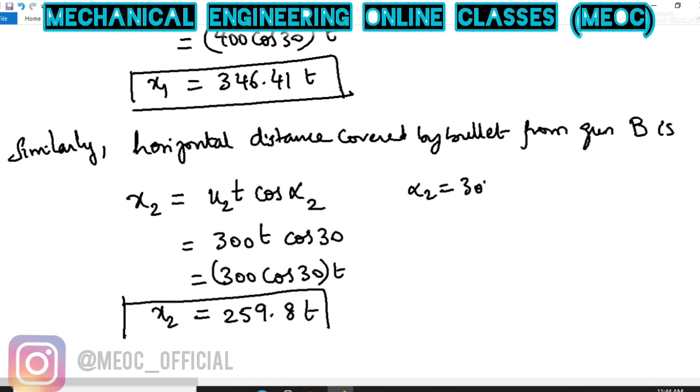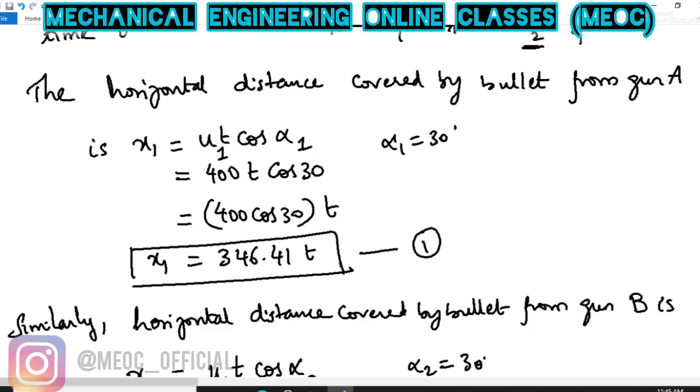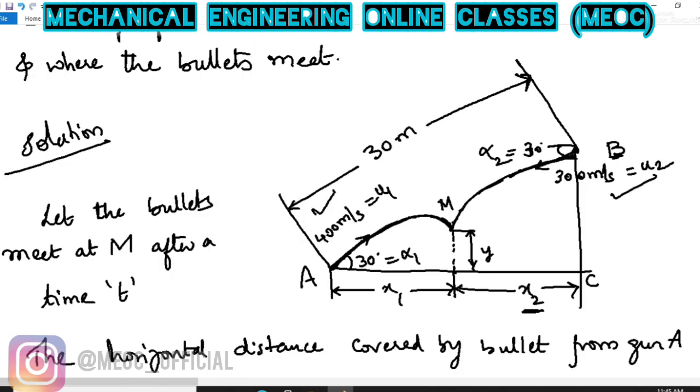So we have obtained x2 and x1 in terms of t. Now we have x1, x2, t. There are three unknowns from these two equations. If this is one and this is second equation, in two equations we have three unknowns, x1, x2 and t. All the three are unknowns. So we want a third equation also.